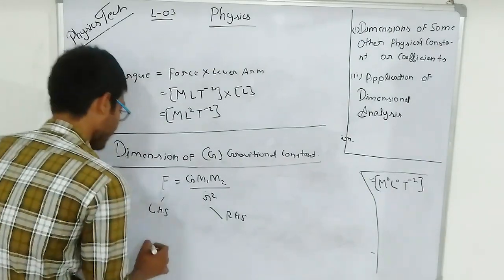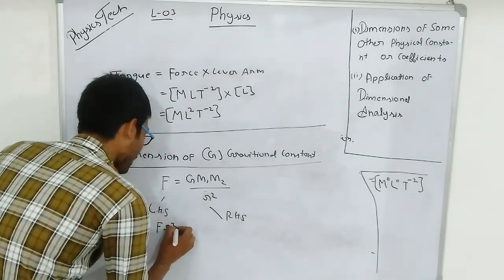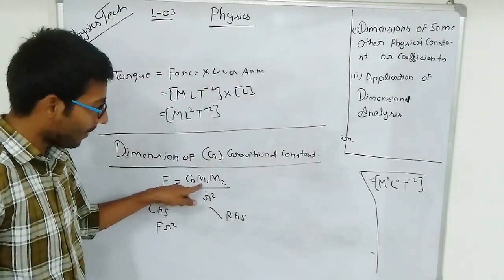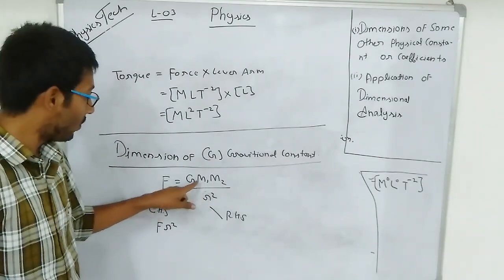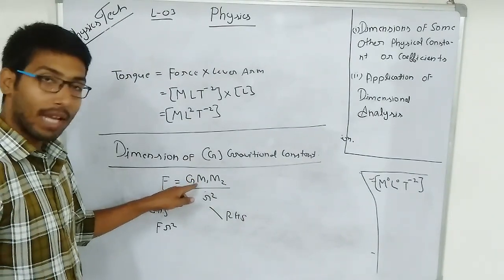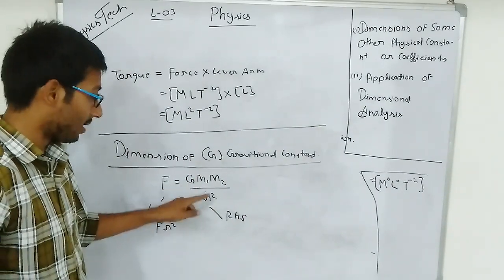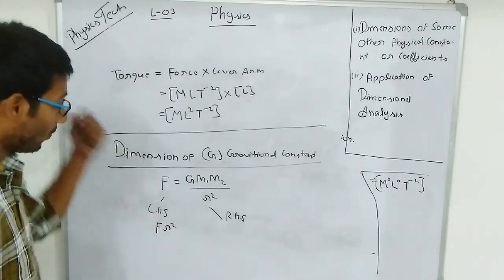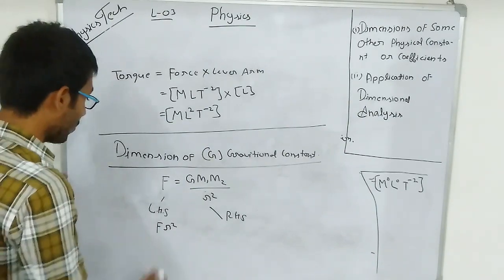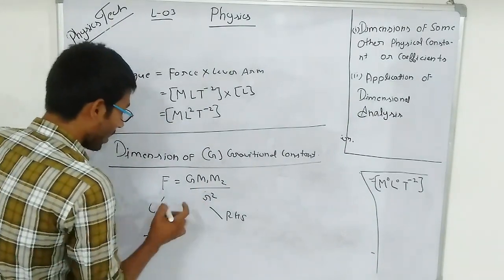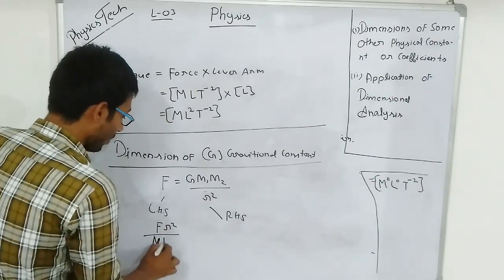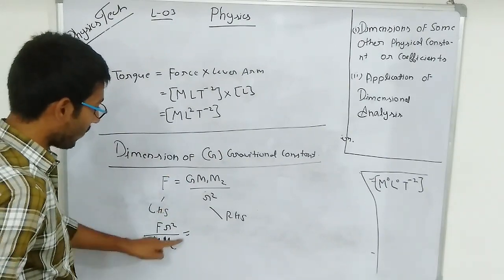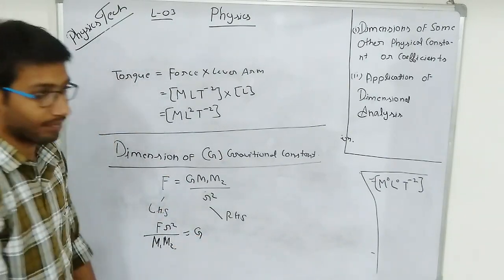So here F r square, and we can also see m1 m2 is multiplied in RHS, so it converts to division in LHS. So here F r square upon m1 m2 is equal to capital G.